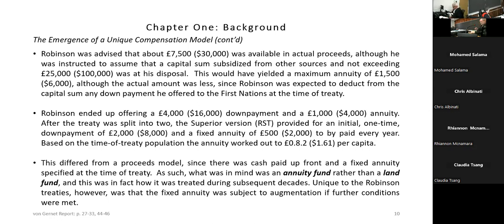I give examples of that in due course. But for now, it's important to keep in mind that what was envisioned here was an annuity fund for the Robinson treaties. And indeed, that's precisely where those monies ended up being paid into and out of, as opposed to a land fund, which is administered quite differently.